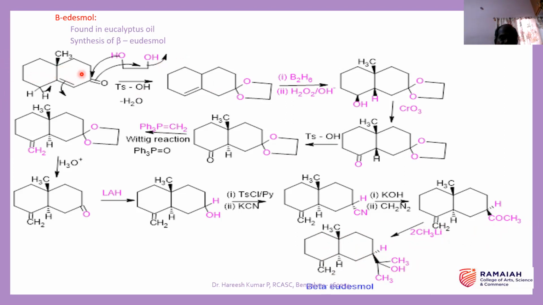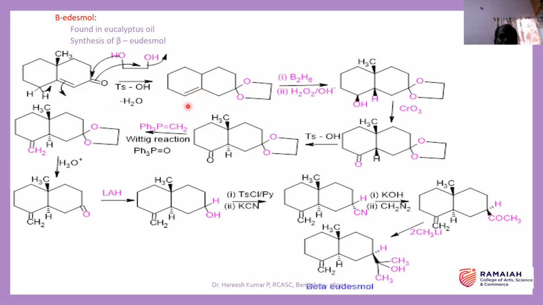Let me explain once again which reagents and reactions are involved here. The first step is the production of ketone, and the second step is the reaction with diborane. Diborane selectively adds BH2 to the less substituted carbon atom, and hydrogen will add to this carbon atom.